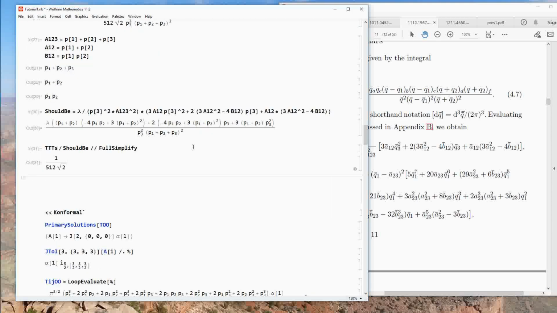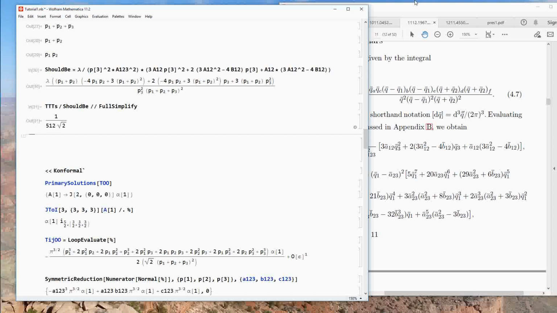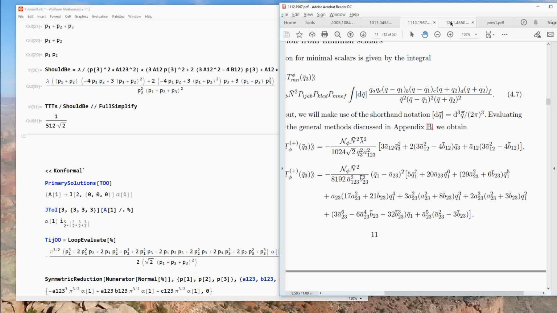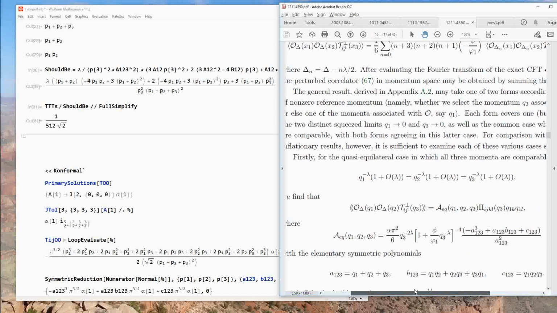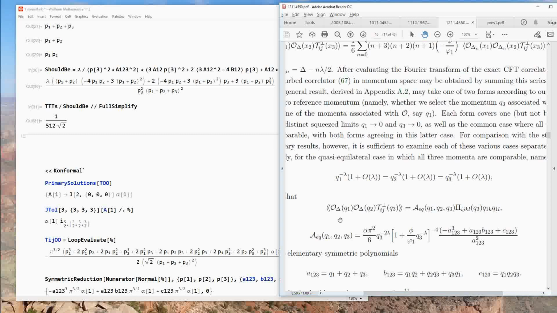Okay, so the next thing that we may want to do is to consider the 3-point function of the stress tensor and 2 scalar operators of dimension 3. Now, if we consider cosmological correlation functions, where we have a CFT deformed by a scalar operator of dimension close to 3, then there is some work involved, but basically what one can eventually show is that the 3-point function that we are looking for has this sort of prefactor, because the operator here is not exactly marginal.